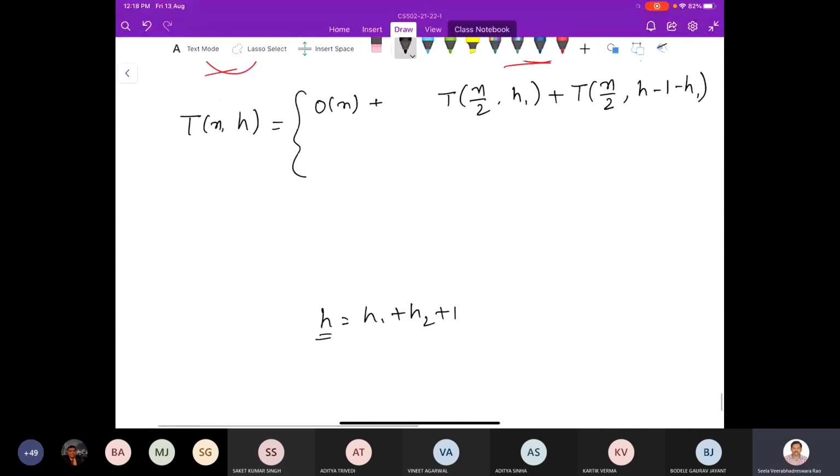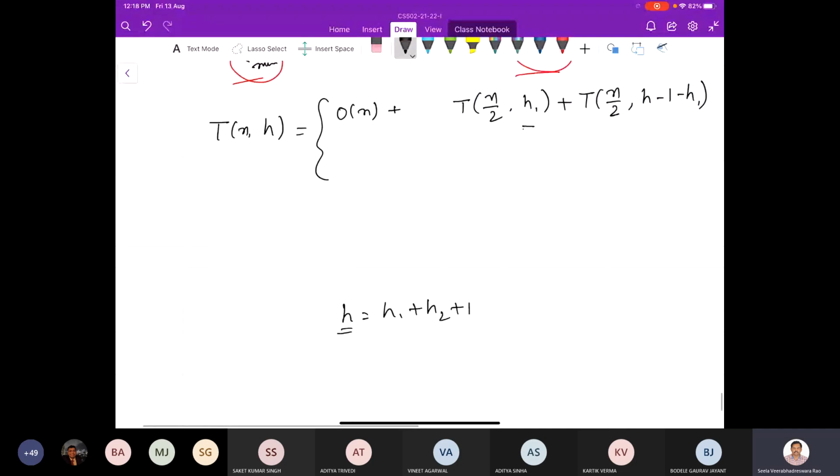Now the question is, we don't know the value of h1, or if you assume this is h2, we don't know the value of h2. So we don't know for what value of h1 you will get a maximum here. So what we have to do is take the maximum possible value.